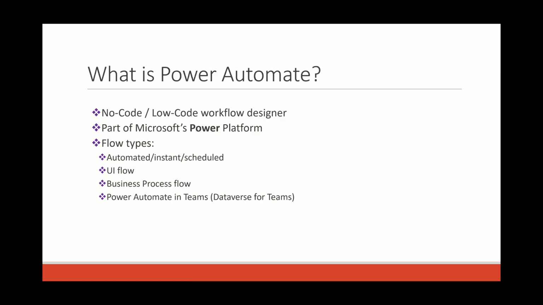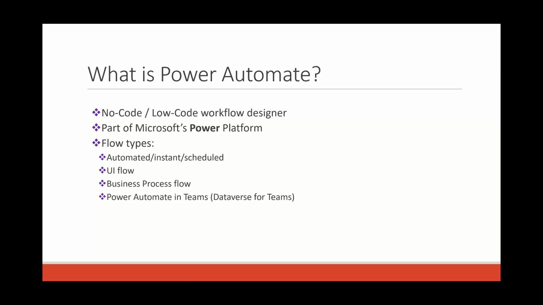And so you could set up a UI flow to trigger, so the regular flow would trigger on that email coming in with the invoice attached, but then you could use the UI flow to capture the information out of the invoice and enter it into your legacy system.